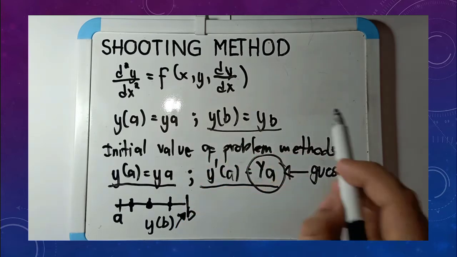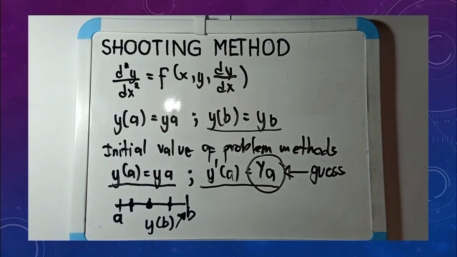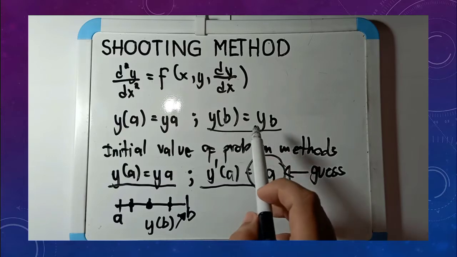So, the question is why? It is because there is no way for us to know whether our used value or our guess value was appropriate or not. That is why it is called the shooting method, because we are shooting for and hoping that our answer for y sub b will turn out to be very close or exactly the same as our number right here.